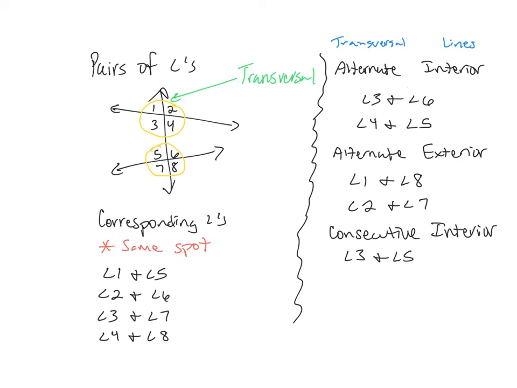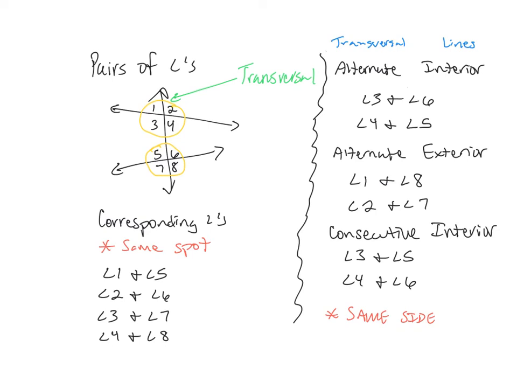There are some books that call these same side interior angles. I don't think it's used in this book, so I don't want to write that down. But if you want to try to remember the last one, they're on the same side, and they're on the interior.